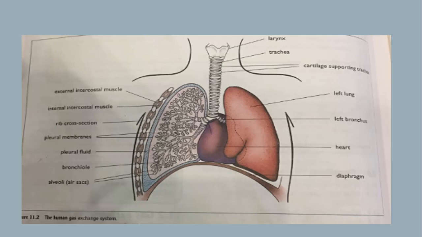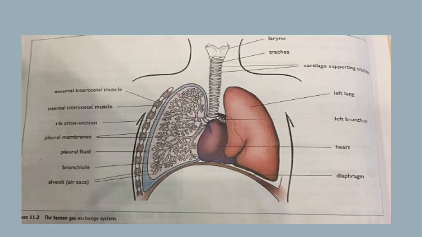Once the air gets inside, the trachea doesn't collapse. It stays upright, as you see. So in order to stay as it is and to be supported very well, it is wrapped by rings of cartilage. Then after this, the air goes to each lung. How does it go? The trachea is divided into two main tubes.